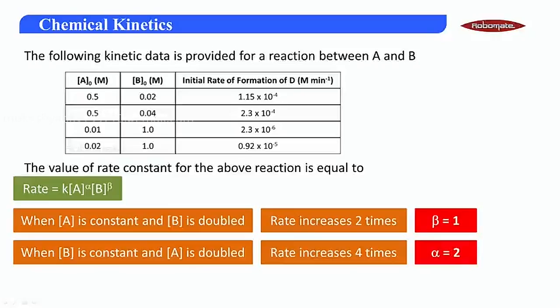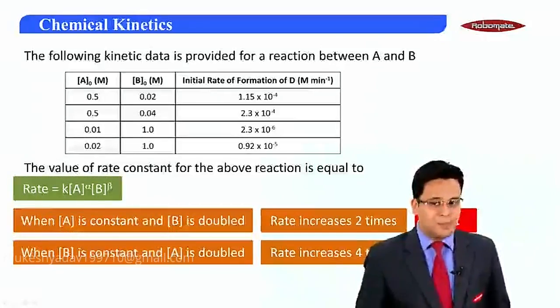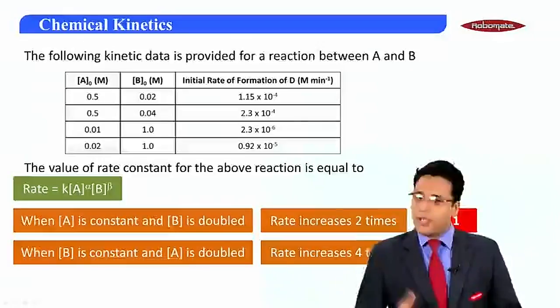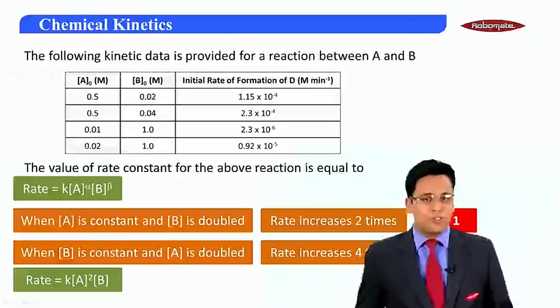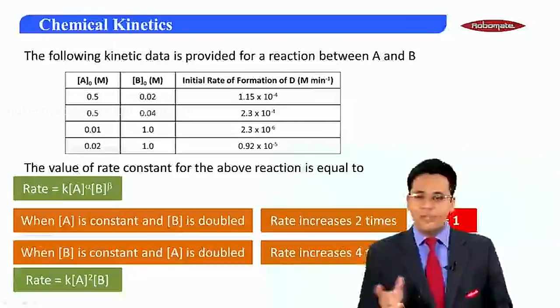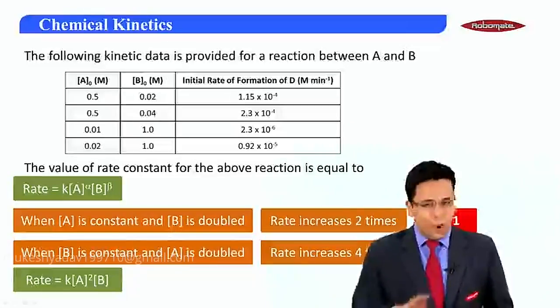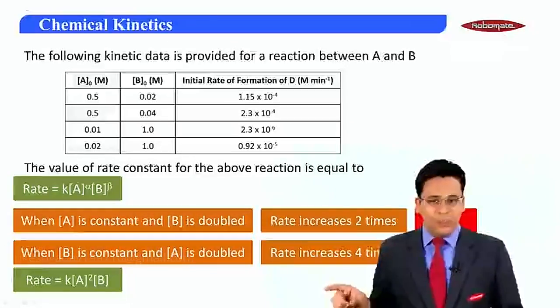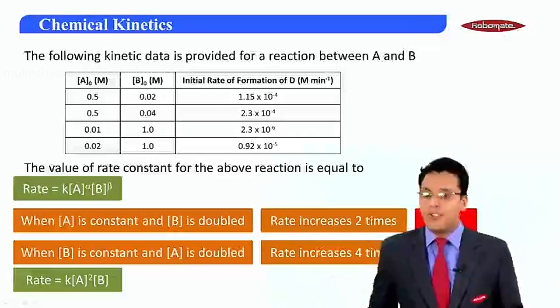So when I take these values of alpha and beta and substitute them in the rate law, I get rate is equal to K into concentration of A raised to 2 into concentration of B. Now I have found the order. Order is known to us. Now we have to find the rate constant.